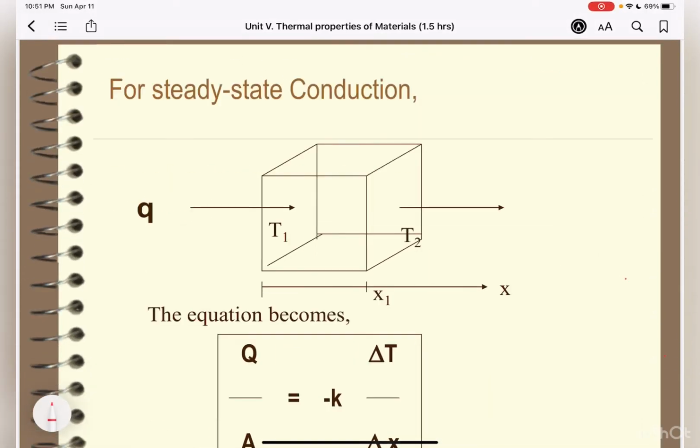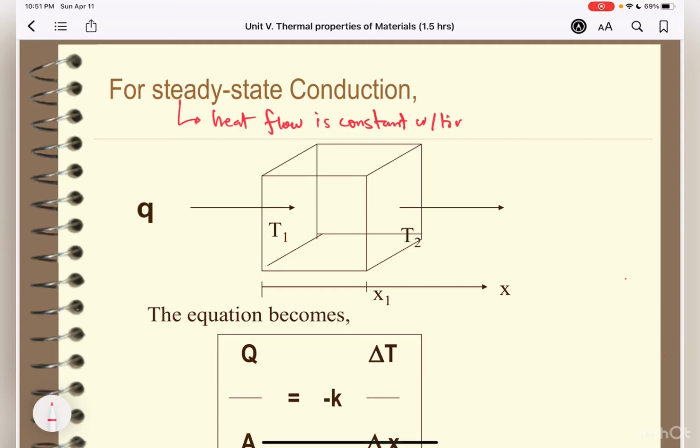Okay, so let's consider steady state conduction. When we say steady state conduction, the heat flow is constant with time. So how is that?